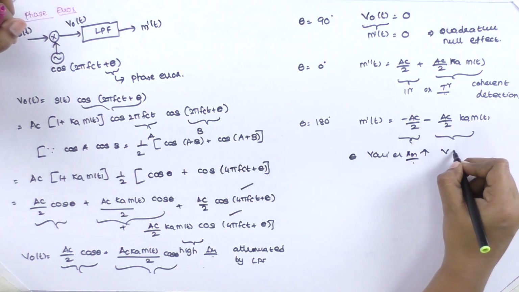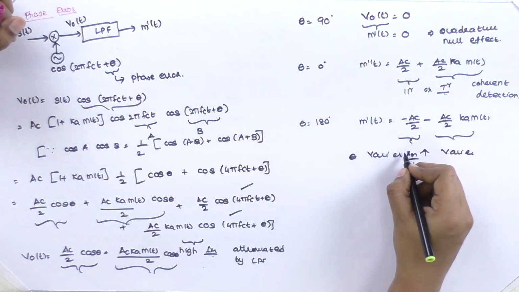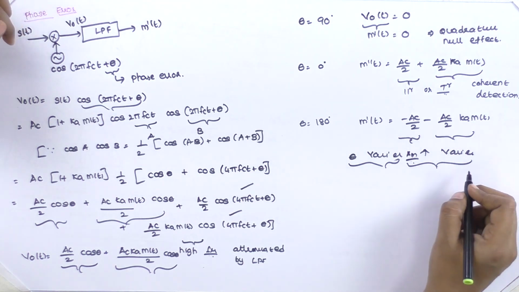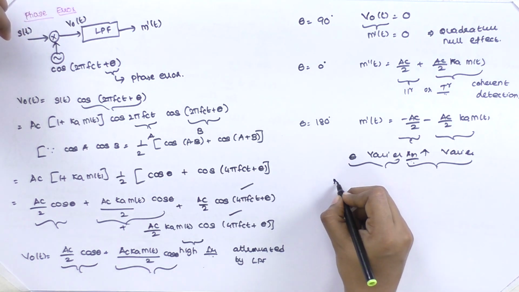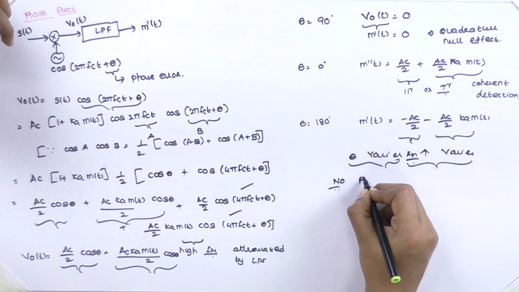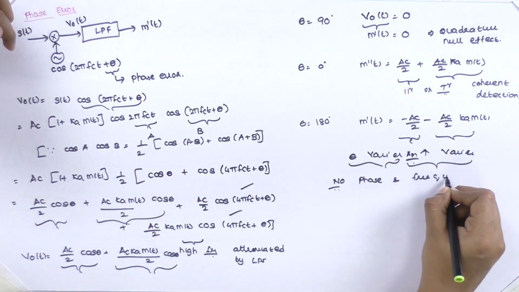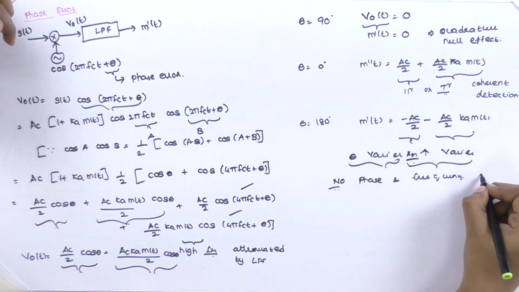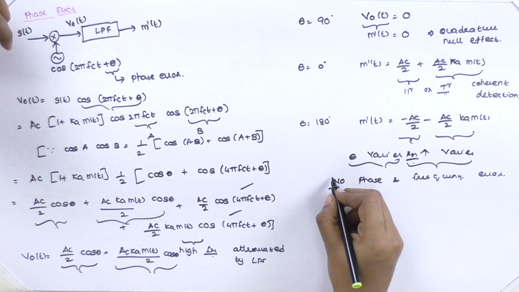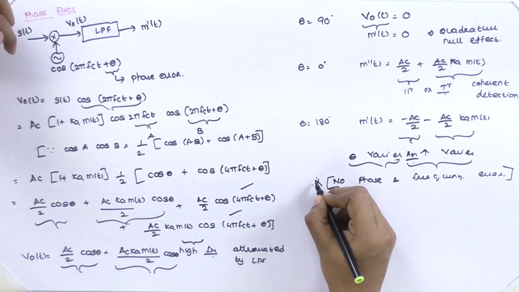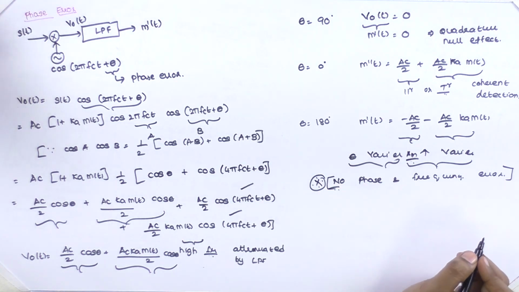If theta varies, then the amplitude of our message signal also varies. Therefore, for coherent detection, no phase and frequency error is a must condition. It should not occur in coherent or synchronous detection.